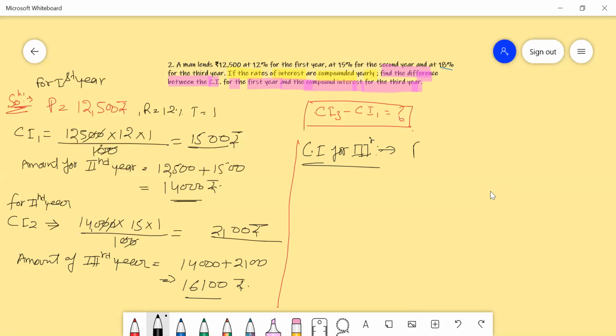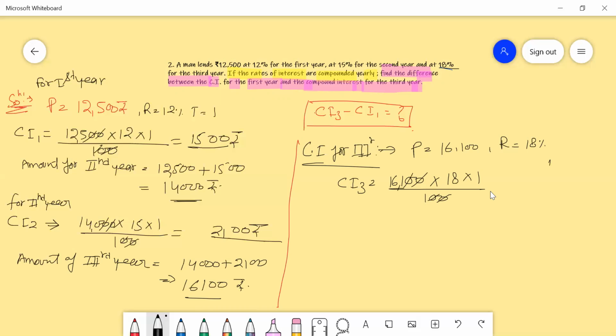So what is the principal? Principal is 16,100 and rate of interest is 18%. So CI3 is equal to 16,100 into 18 into 1 upon 100. So the 2 zeros cancel out.